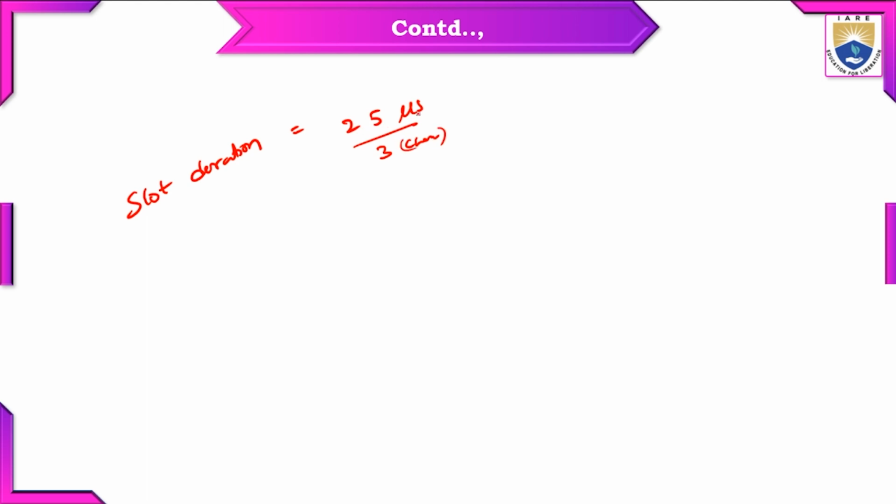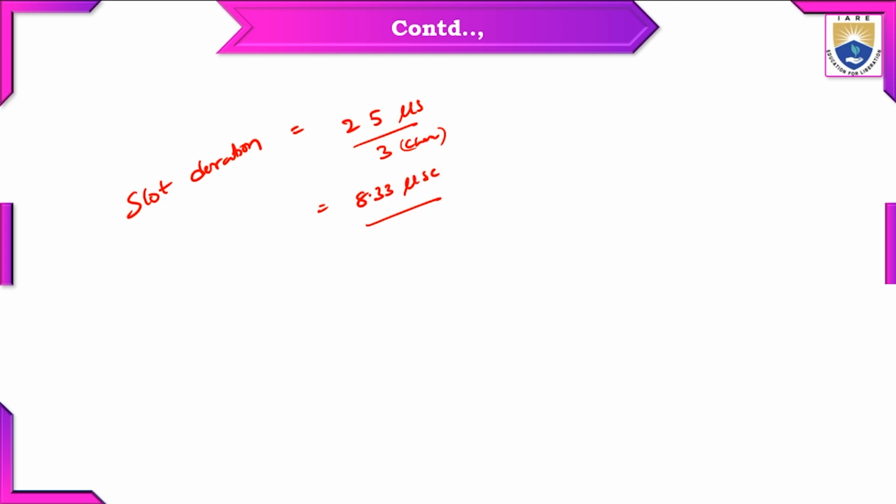So 25 microseconds is the frame duration, and in this frame 3 channels are transmitting. Now what is the slot duration? 25 microsecond divided by 3 gives 8.33 microsecond. So this is the one problem.